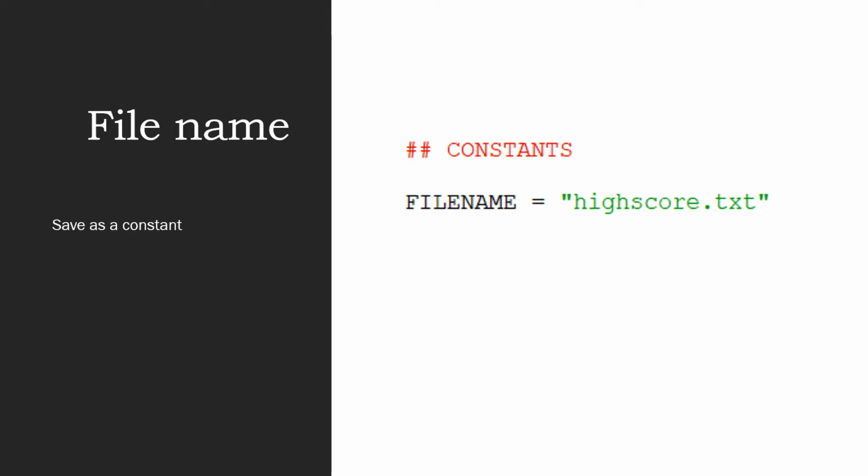And I set up my constants at the very top of my programs. Here I've decided on the name of the text file I will use in this program. I've called it high score because it's going to save the names of people that achieve high scores in a computer game, and I've saved it as the file name txt.